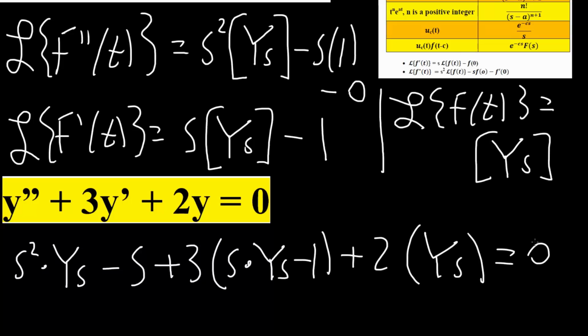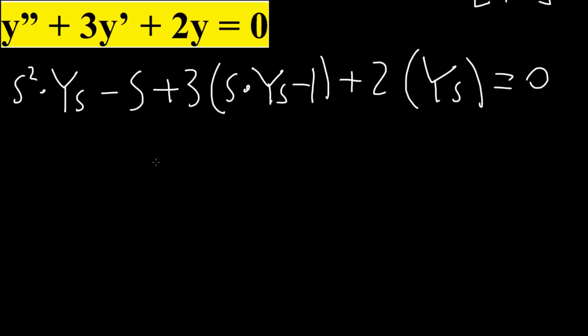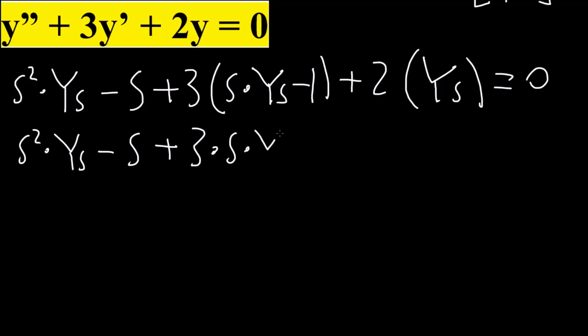So I'm going to scroll down. The next thing that we're going to want to do is group everything. So we can say s squared times Y(s) minus s plus 3 times s times Y(s) minus 3 plus 2Y(s), like this, is equal to 0.